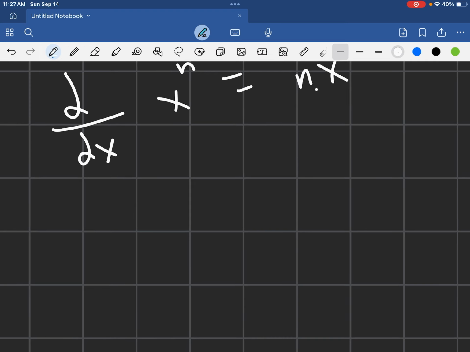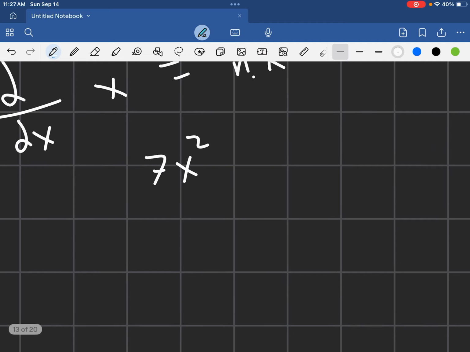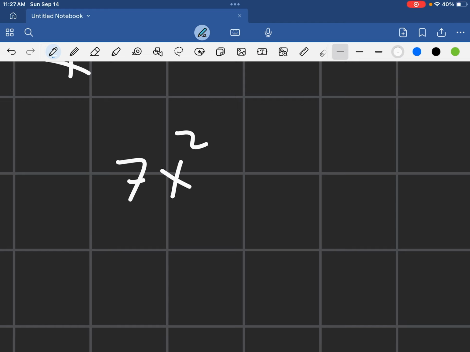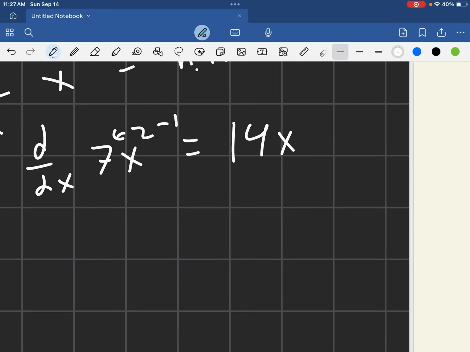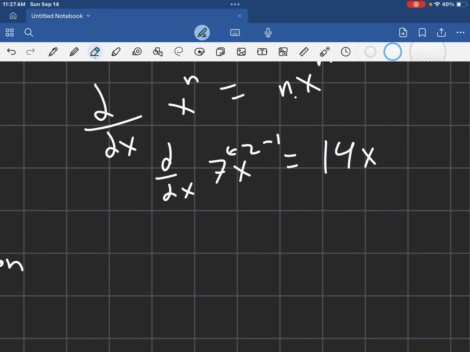So if we have 7x squared, and we want to find the derivative of it, you take the 2 and multiply it by the 7, so we get 14, and then we have the minus 1, so it's 14x, which is the derivative of 7x squared.